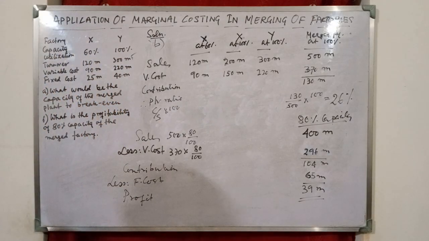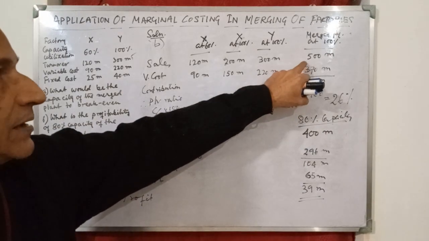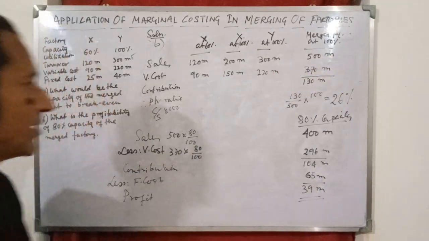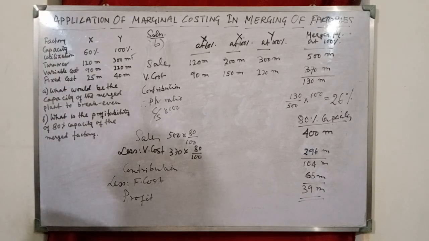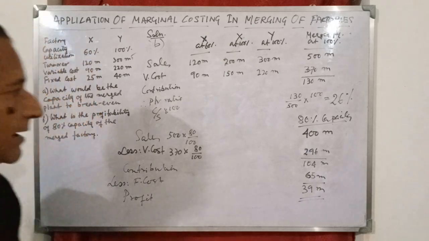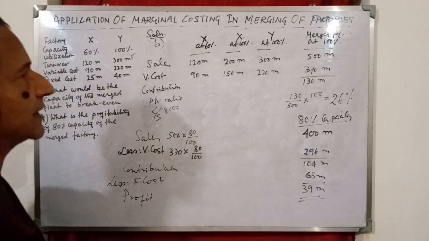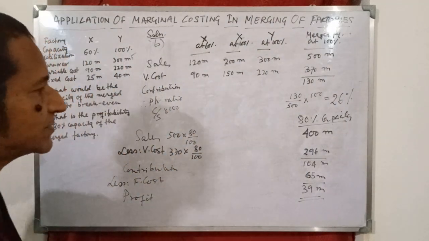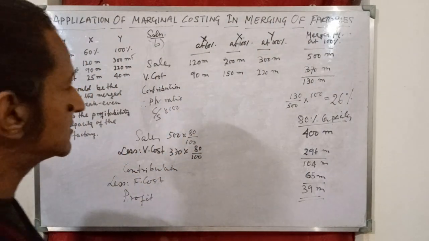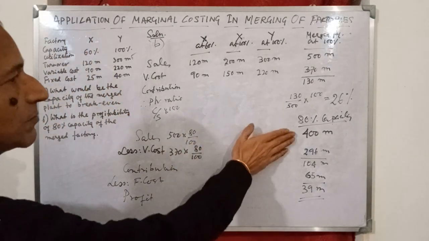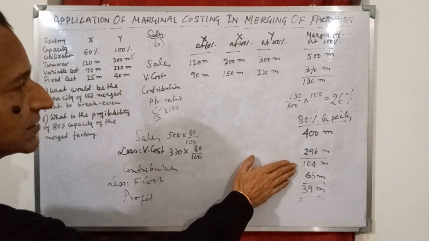We have simply converted the turnover of the merged plant to 80%. 500 million corresponds to 100% capacity. So at 80%, the turnover would be 80% of 500, that is 400 million. And the variable cost of the merged plant at 100% is 370 million. So at 80% capacity, it would be 80% of 370, that is 296 million. So sales minus variable cost gives us contribution.